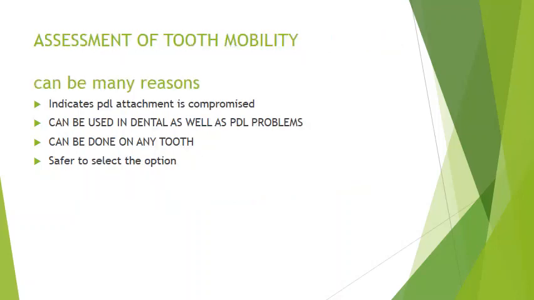Moving on to the next, assessment of tooth mobility. There can be many reasons for tooth mobility. It indicates that the periodontal ligament attachment is compromised. So assessment of tooth mobility is an option which can be used whenever the case history indicates a dental problem as well as a periodontal problem, whether the pain is tooth related or periodontium related.